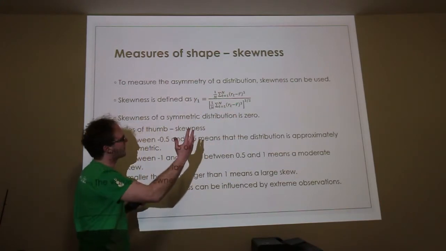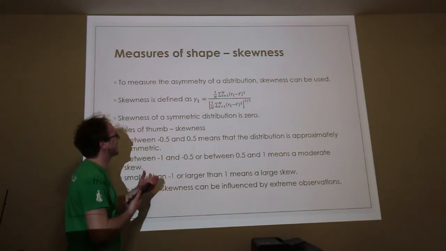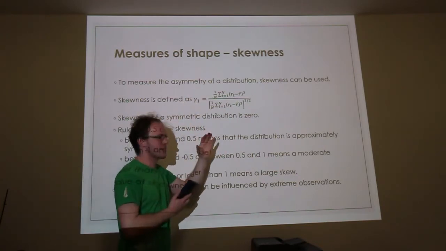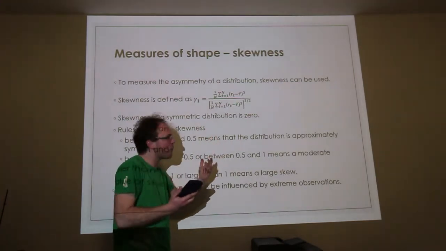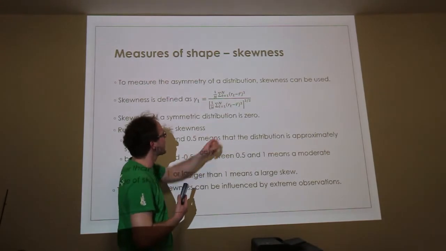You can see that it's really not easy. There is 1 divided by n. N is the size of our sample, the length of our time series.